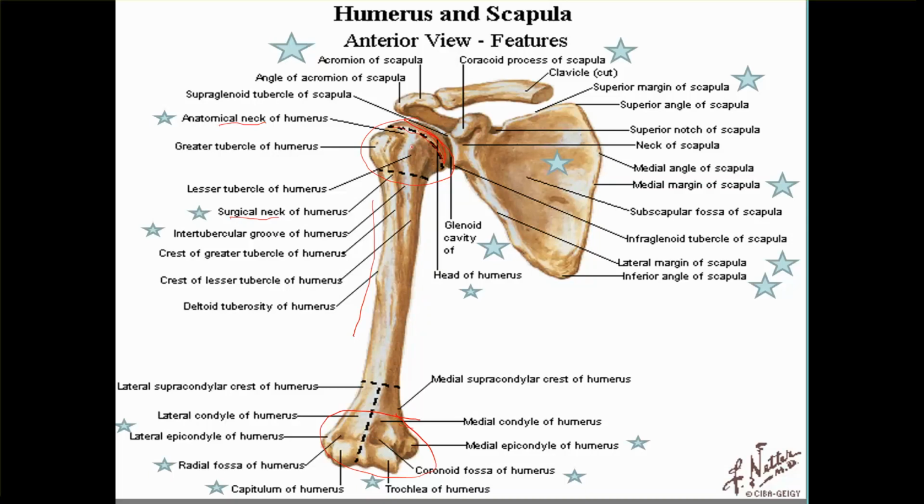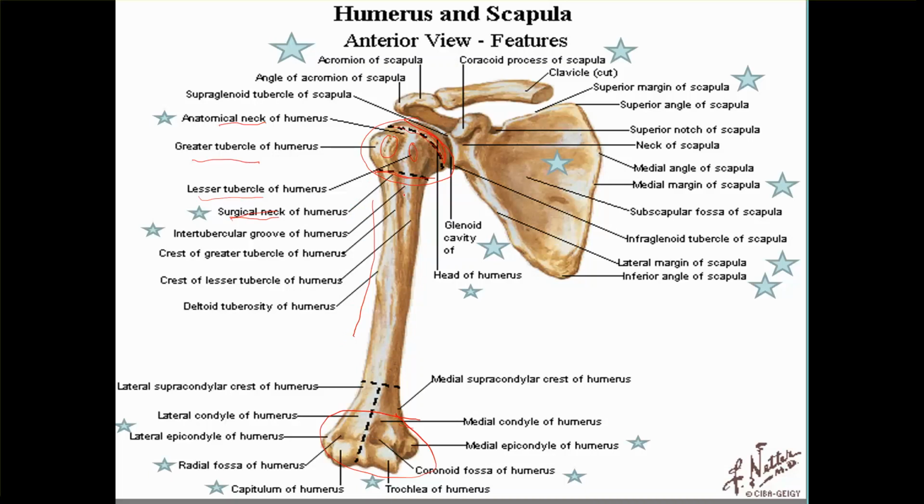This projection is called the greater tubercle, and this projection is called the lesser tubercle. The surgical neck, this black line, is between the upper end and the shaft. This is called the surgical neck. So there are two necks for the humerus: anatomical neck and the surgical neck.